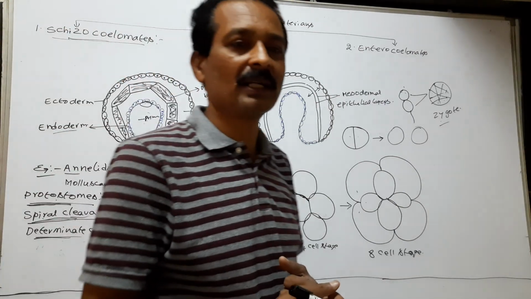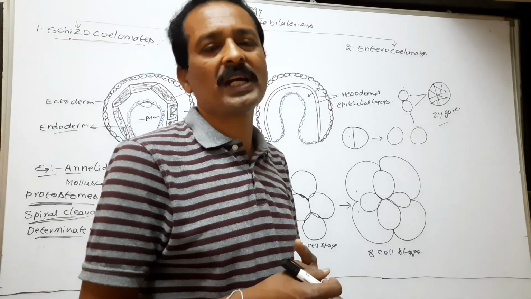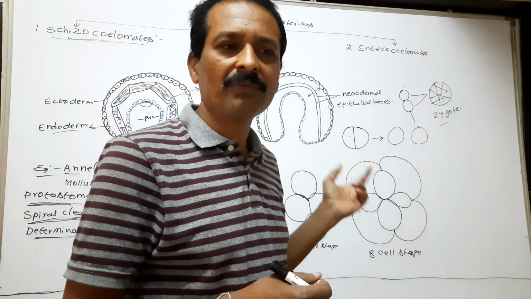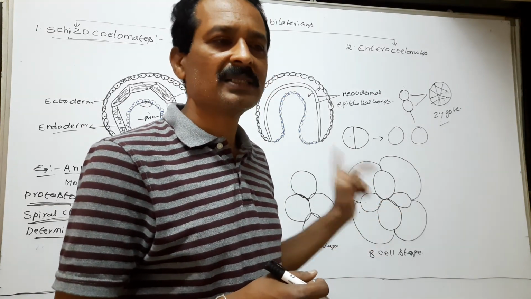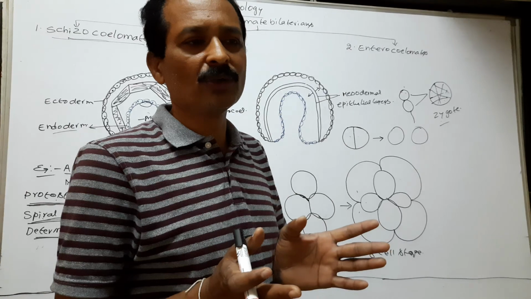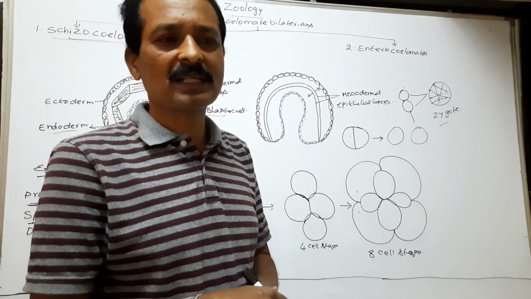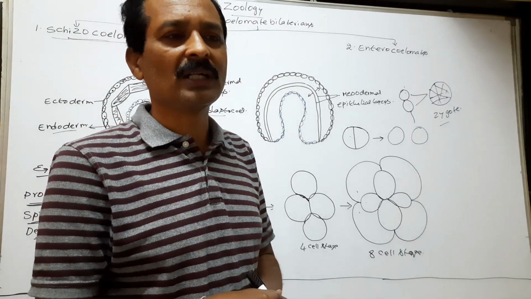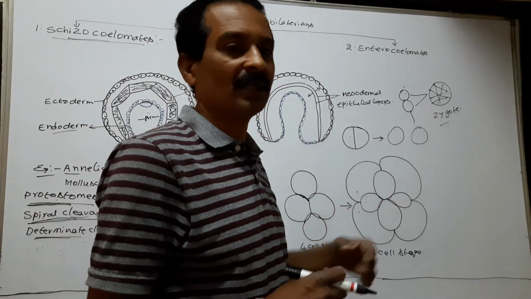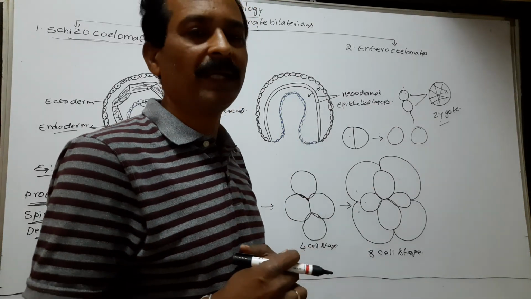So determinate cleavage is also called mosaic cleavage. It results in the developmental fate of the cells being set early in embryo development. Each blastomere produced by early embryonic cleavages or divisions does not have the capacity to develop into a complete embryo.